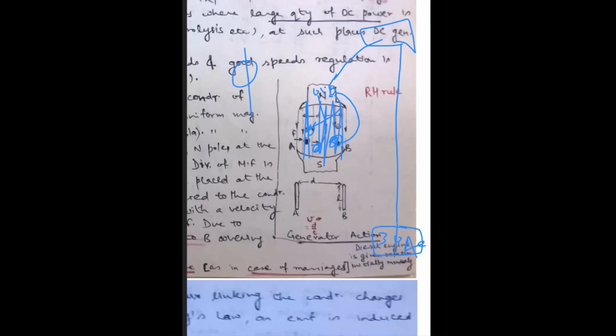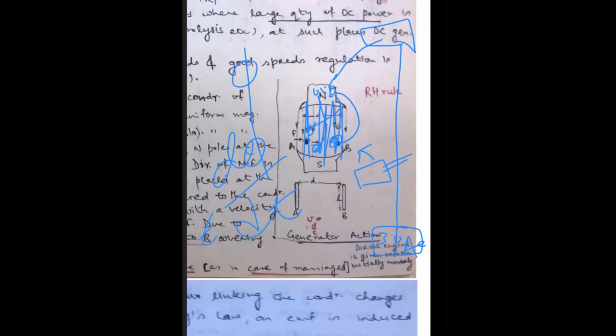Okay, and due to this the rotor, which is the rotating part, suppose it is clockwise or anti-clockwise, whatever it may be, flux cutting is there. So whenever flux is cutting, d phi by dt is there, and it means that the EMF is produced.